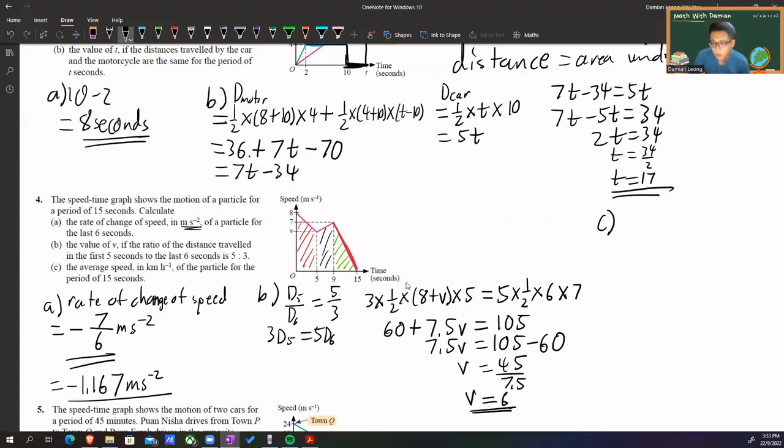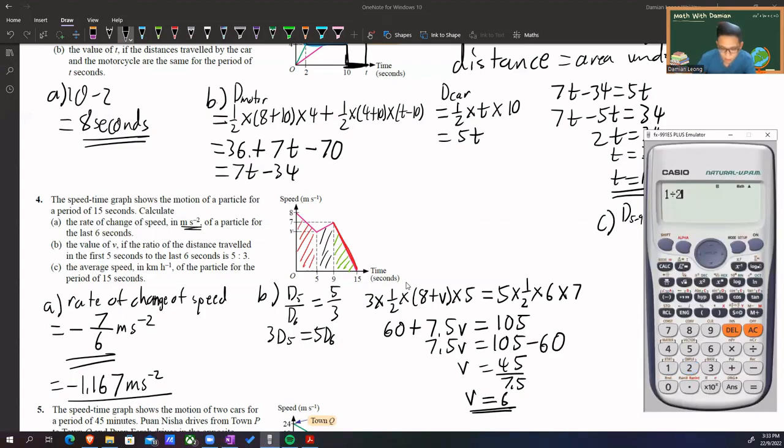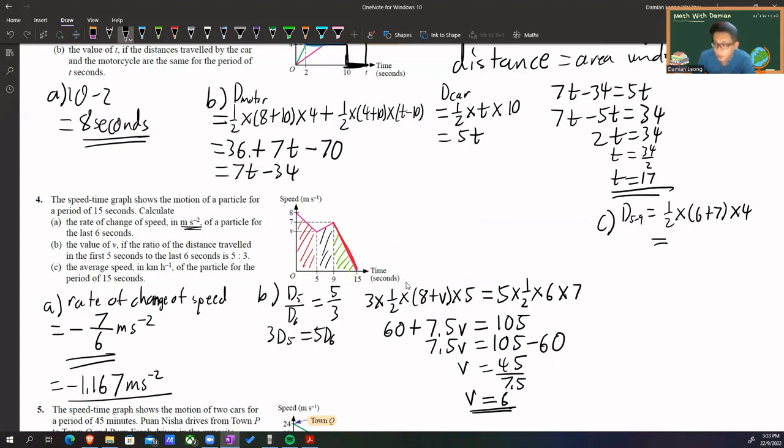Let's find the distance from 5 to 9 seconds. Half times sum of parallel sides. V is 6, so 6 plus 7 times 5 to 9 is 4. Half times 13 times 4, 26.